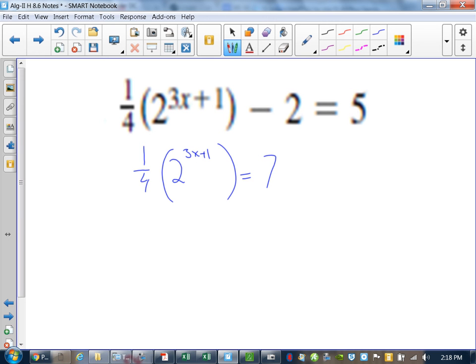Then what? Multiply by 4. Multiply everything by 4. And now what do you do? How do I get the exponent to drop? Log base.